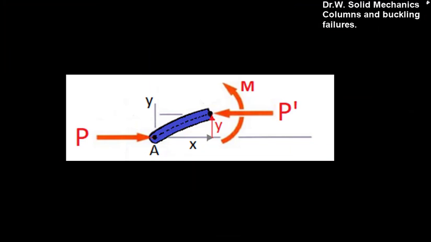Recall when we first developed the model for buckling, we said that the offset load P generated an internal moment equal to negative P y.